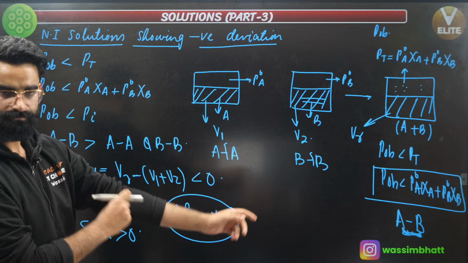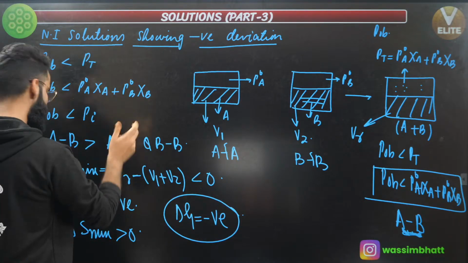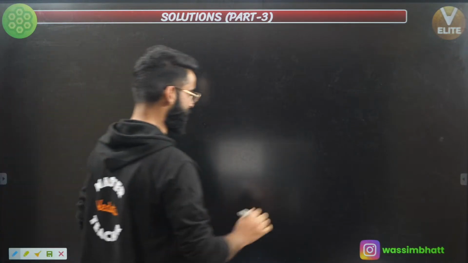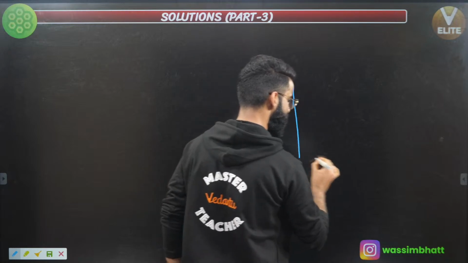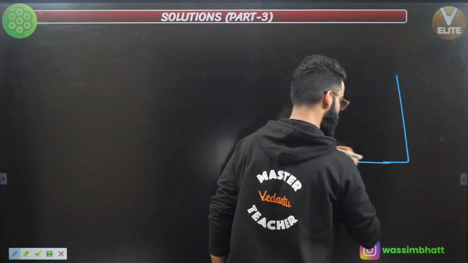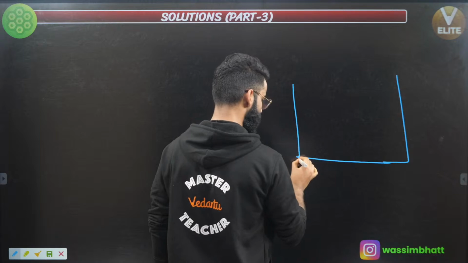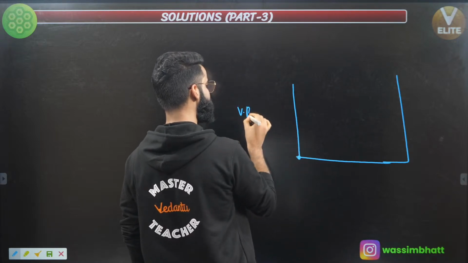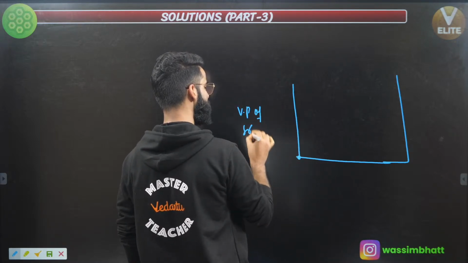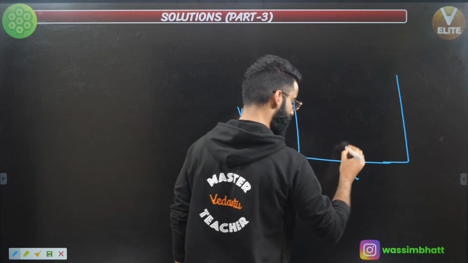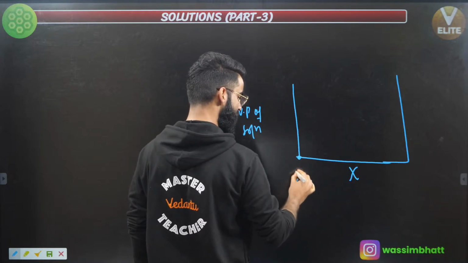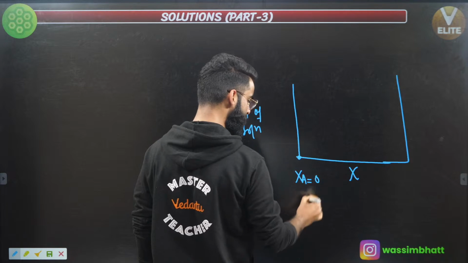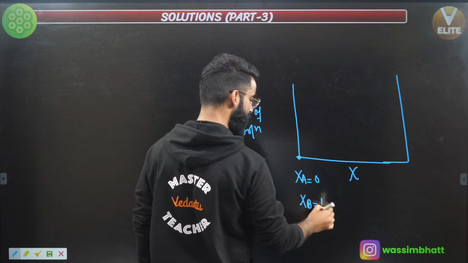No issues. Okay? Now people, let me summarize all this in the form of a curve. See, first of all, along the y-axis this is the vapor pressure of the solution. Along the x-axis, I'm representing mole fraction. Let's assume right here chi A is equal to 0, chi B is equal to 1.